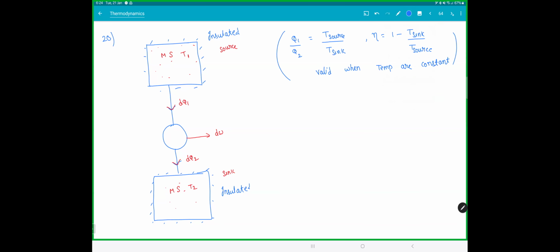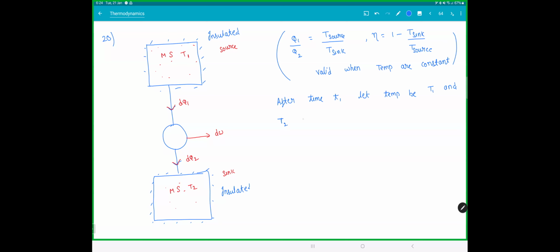But what we do in integration, we assume the time is so small. So after time t, let temperatures be T1 and T2. So we can assume the time interval is so small that temperatures almost remain constant.